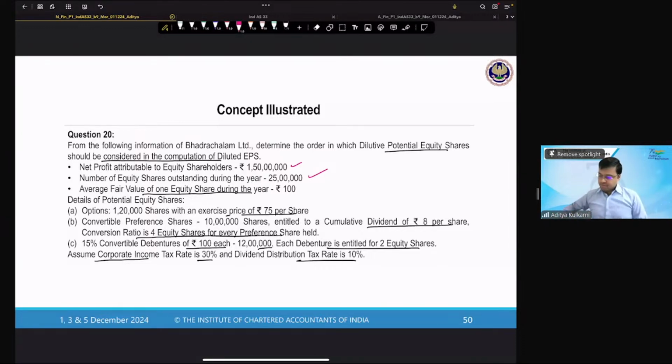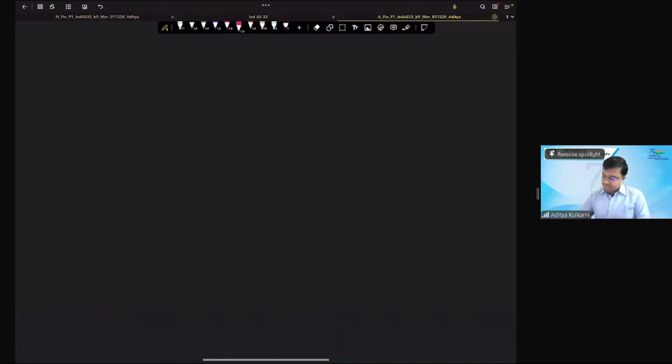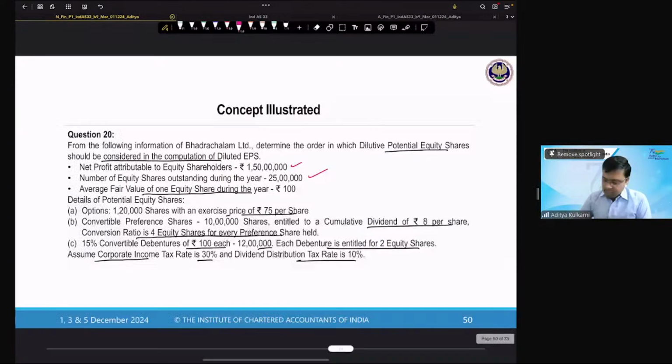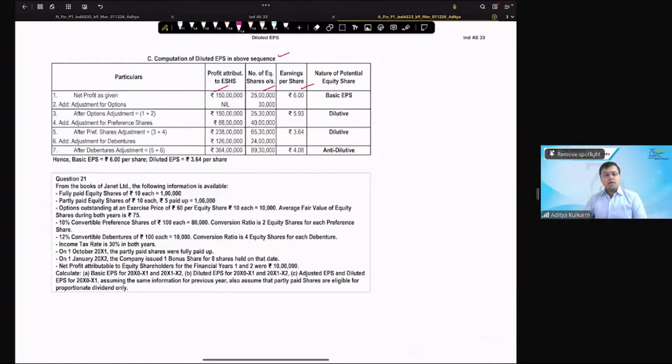So did we understand this? First part you understood, basic EPS calculation, which is 1.5 crores divided by 25 lakhs. All clear? Yes, sir. Then let us move on to the next one.